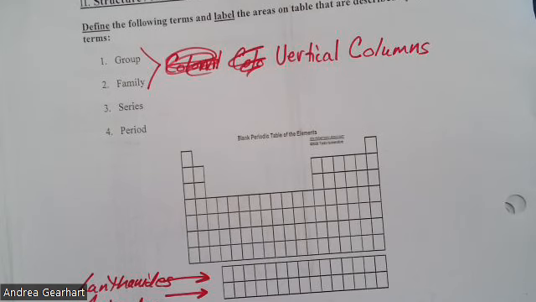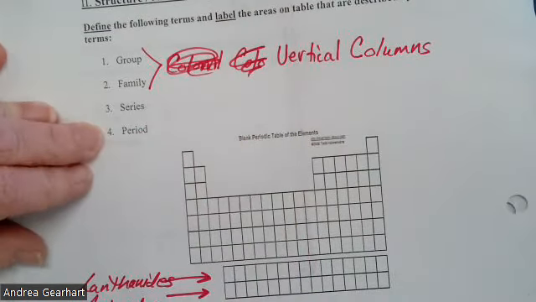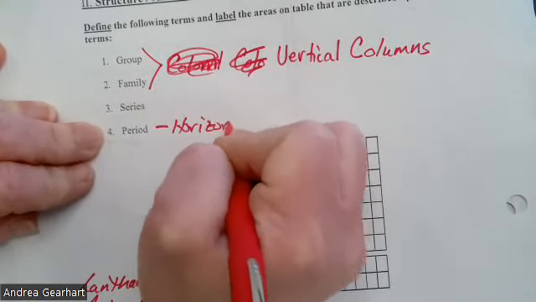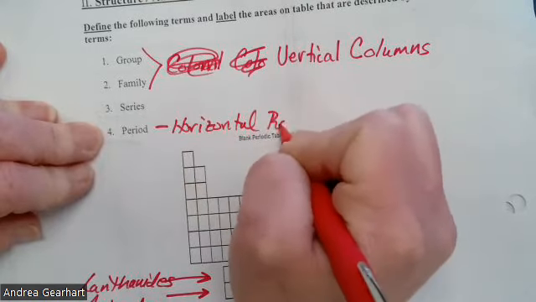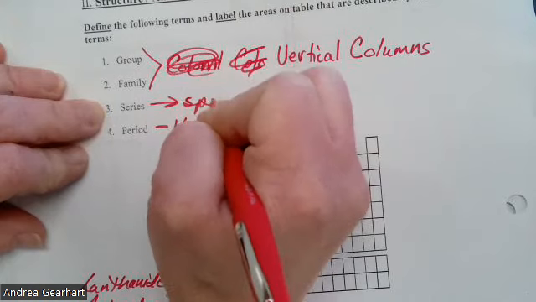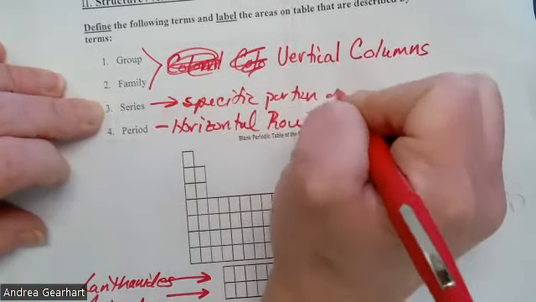So a series is a particular segment of a horizontal row. A horizontal row is called a period, and this is a specific portion of a period.